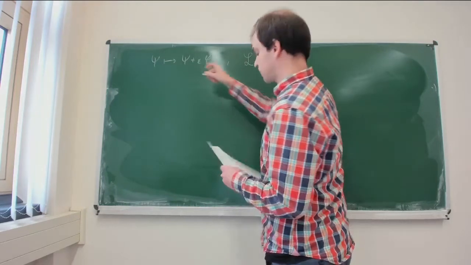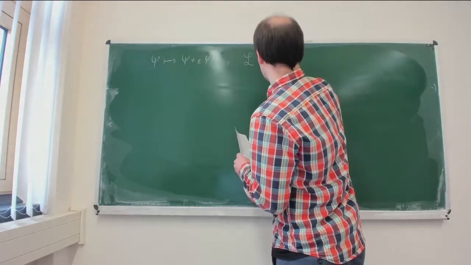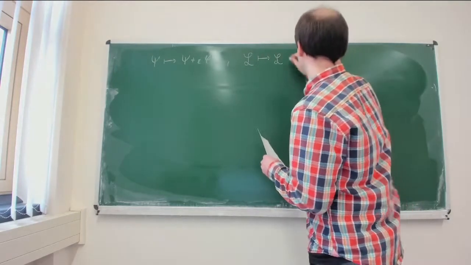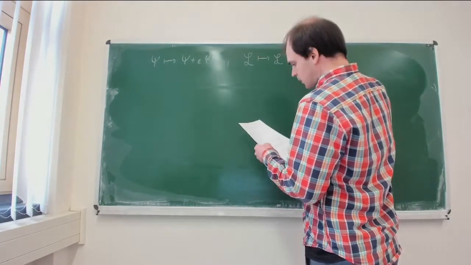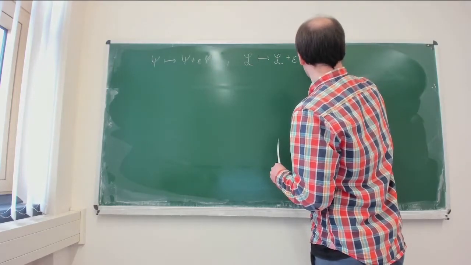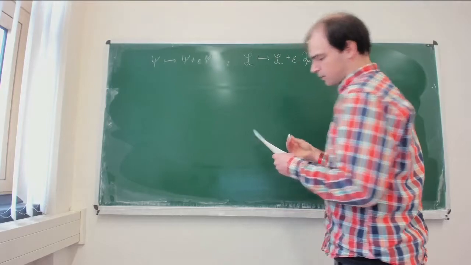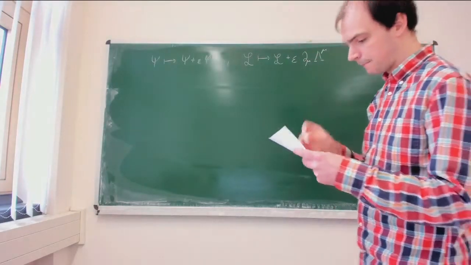So under this transformation, the Lagrange density goes to L plus something that we can write as a divergence term.